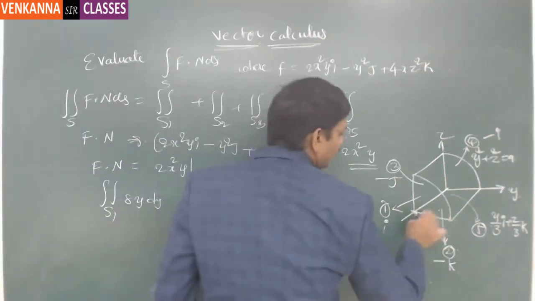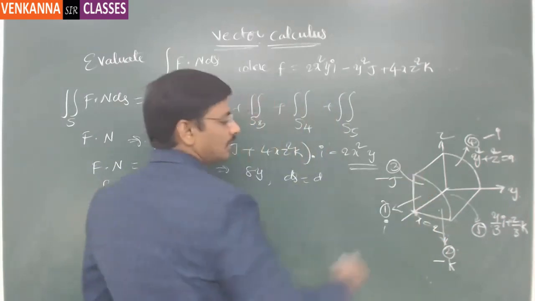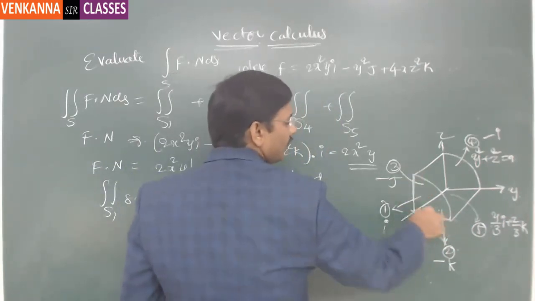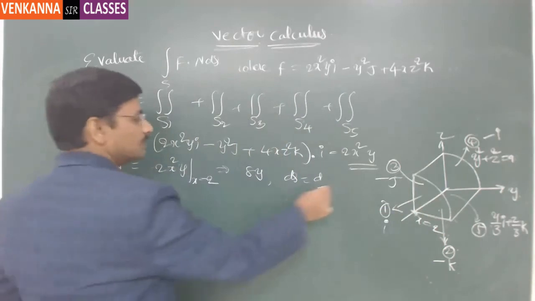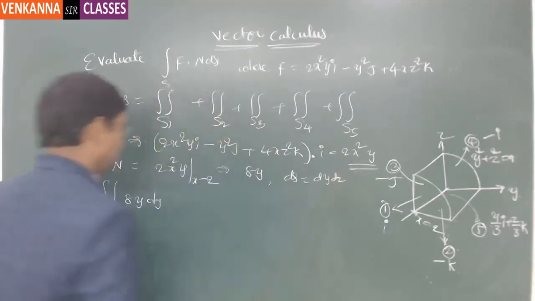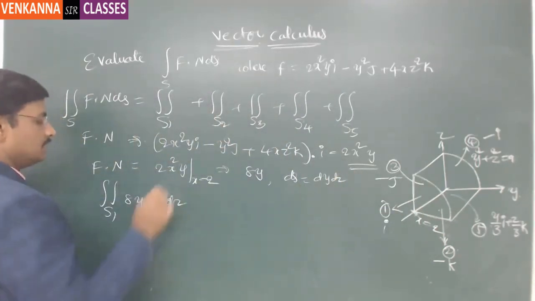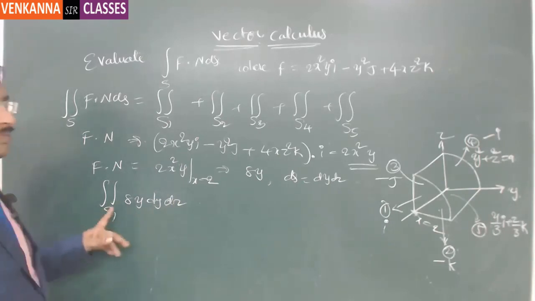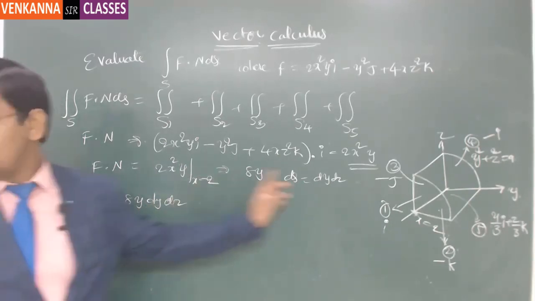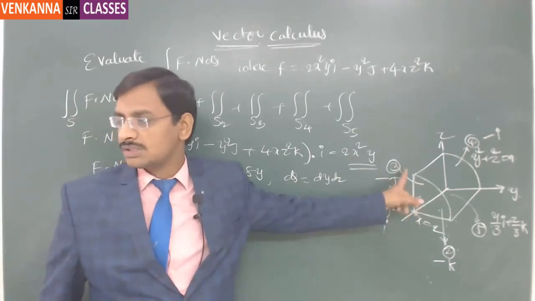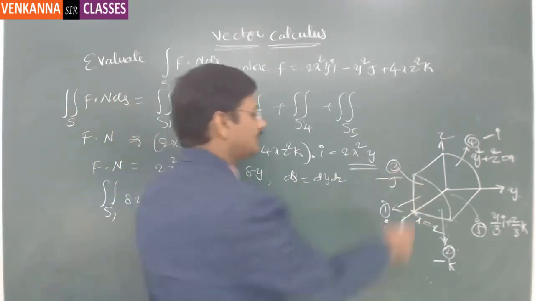So this is the area we are talking about. On this area, the variations are along the y direction and along the z direction. So ds is equal to dy dz. The limits you need to put are the limits of this curved surface. I'll just shade this.